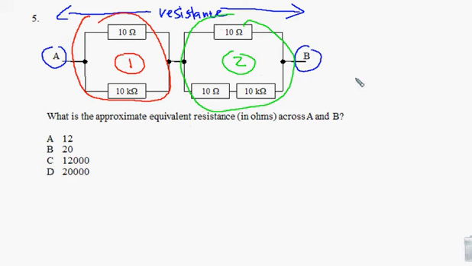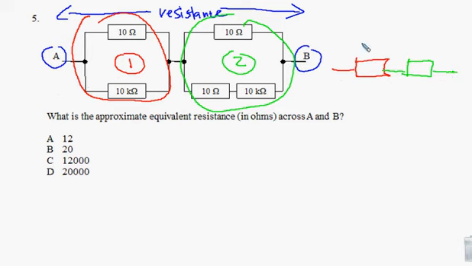Because if I redraw this diagram, my portion 1 will be in red, which is a representative of the equivalent resistance here, and my portion 2 resistance is actually an extension.